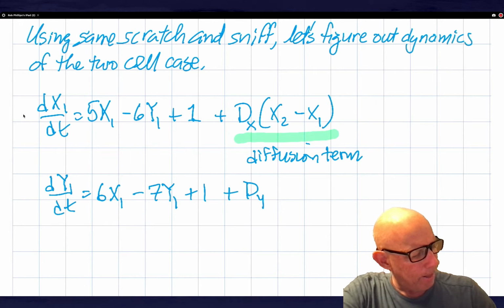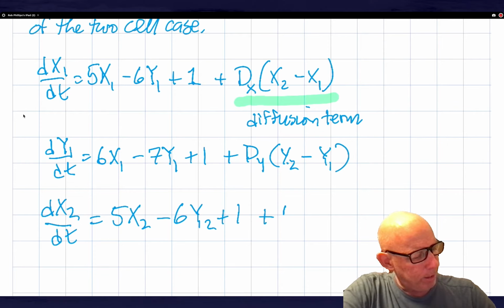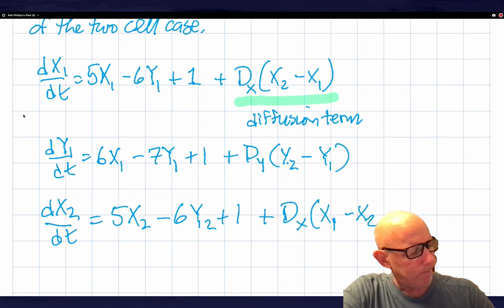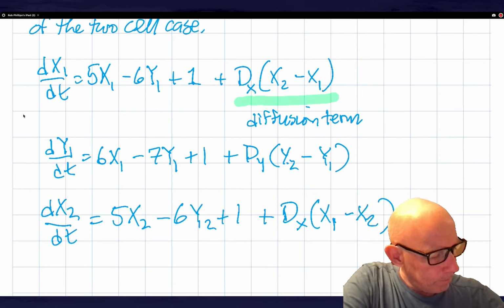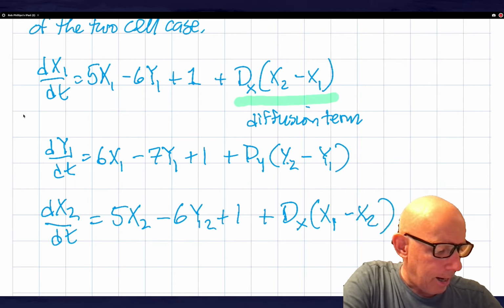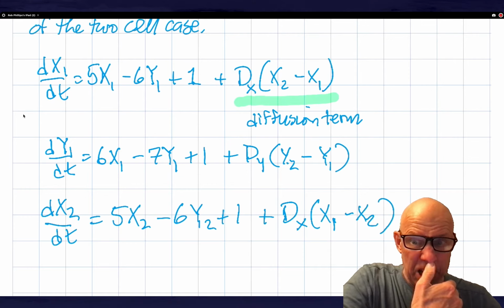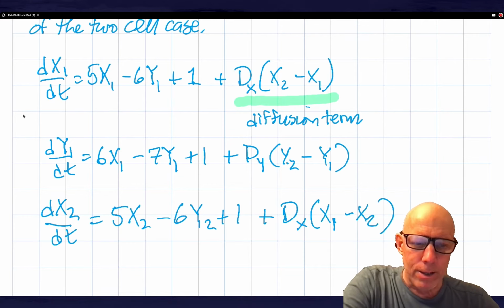Now I'm going to write cell 2. So dx2/dt is equal to 5x2 minus 6y2 plus 1, and then plus dx times (x1 minus x2). Notice that this has an opposite sign to that in the first equation, or I suppose I could have written it as minus dx times (x2 minus x1) to make it clear that the diffusion part is conservative.